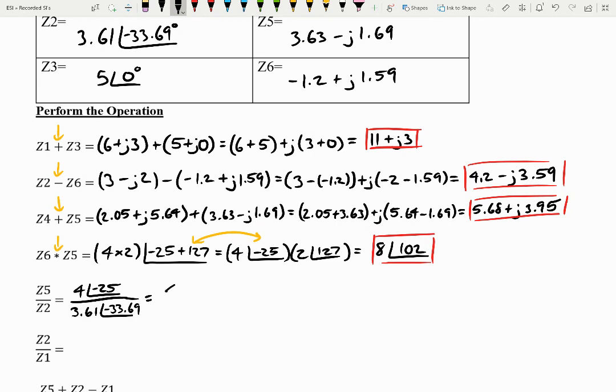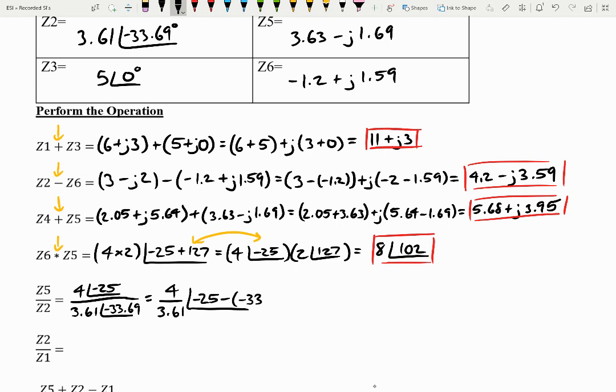And now what we're going to do is divide the magnitudes, so 3.61 is going to divide into 4. Now, instead of adding the angles together, we're going to subtract the angles.